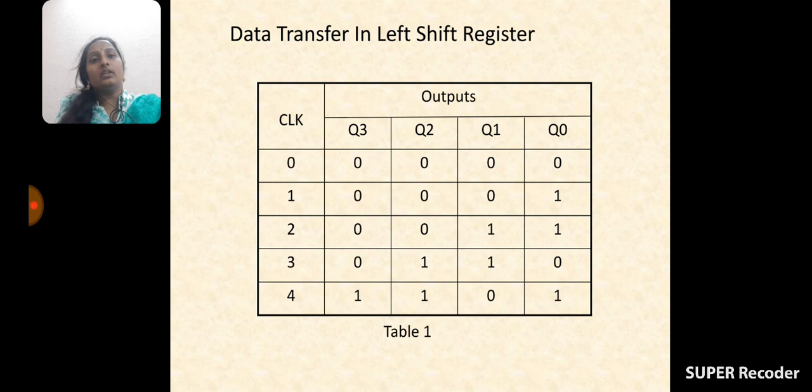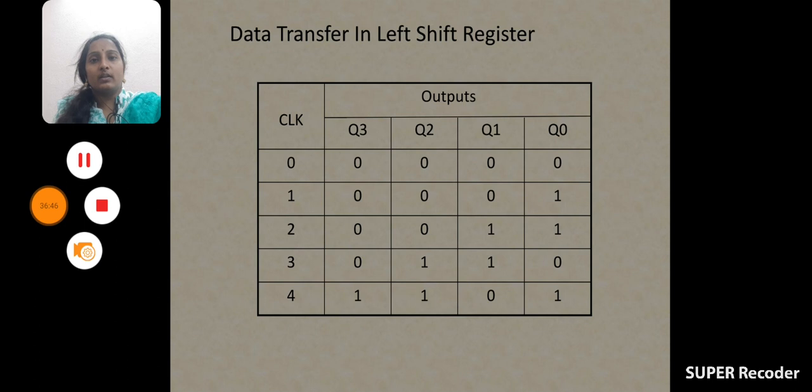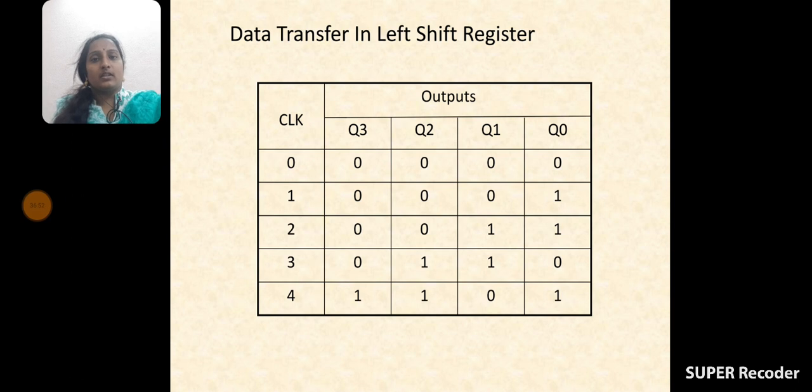For the third clock pulse, the output is 0, 1, 1, 0. For the fourth clock pulse, the output is 1, 1, 0, 1. Is it clear? So this is the truth table of the left shift register.